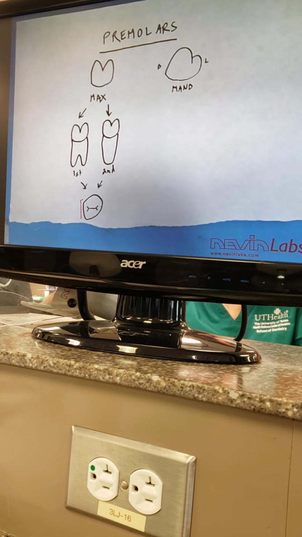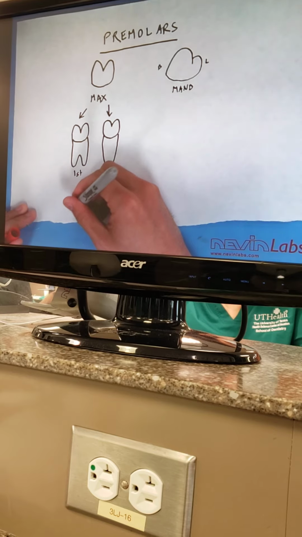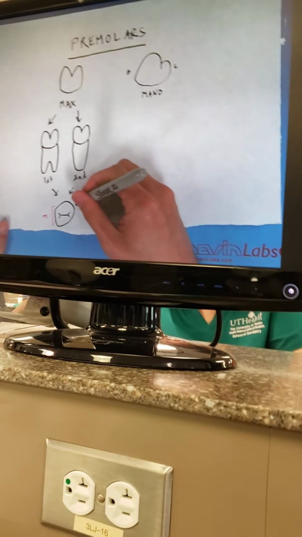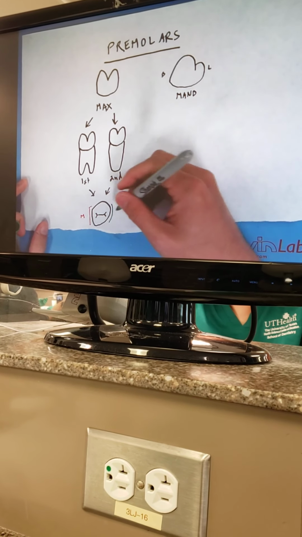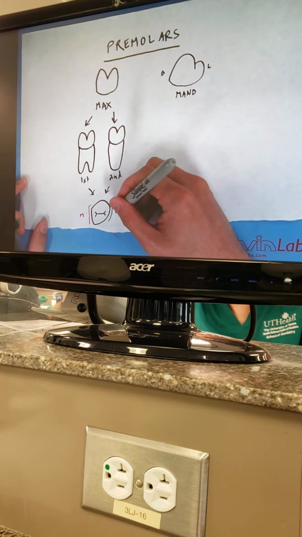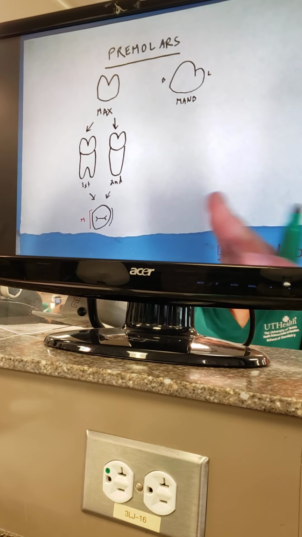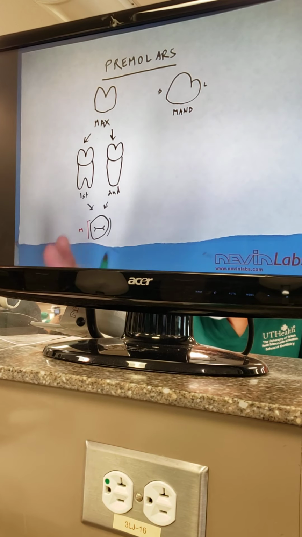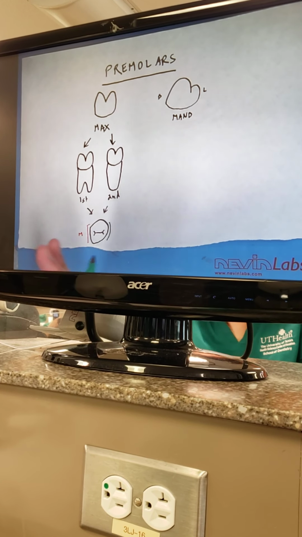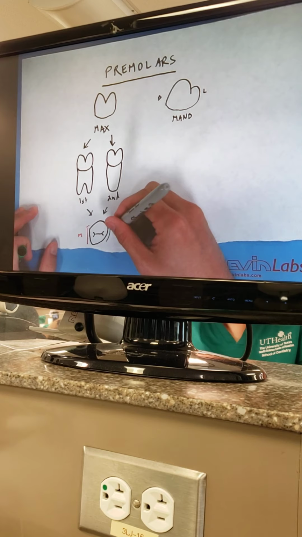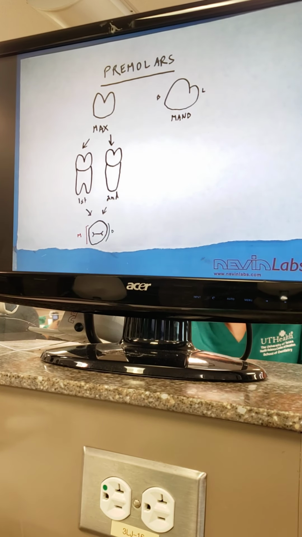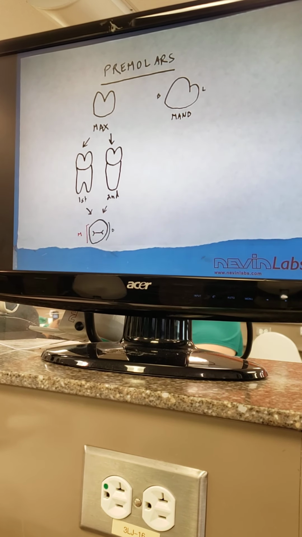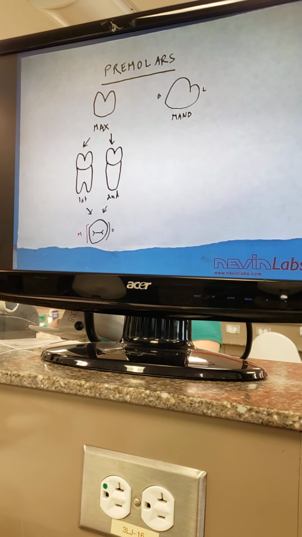Things on the mesial are going to be a little bit straighter. Things are going to be more curved on the distal, especially on this lingual side. The lingual cusp is going to be leaning to one side, and whatever side it's sort of leaning towards, that's going to be the mesial, okay? This is a subtle thing, but it becomes pretty obvious after you look at enough of them, okay? So that's left and right, okay?